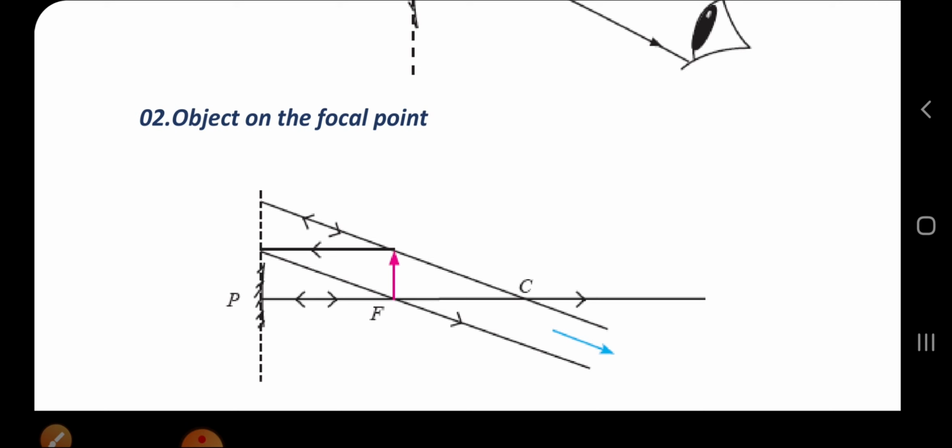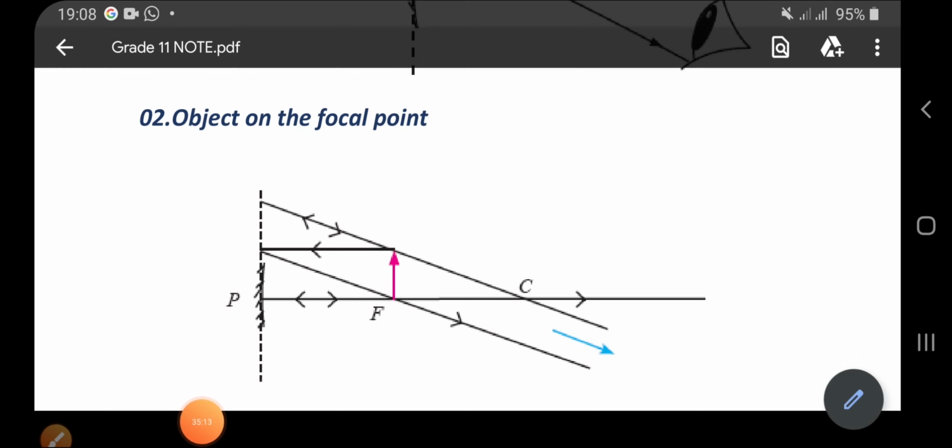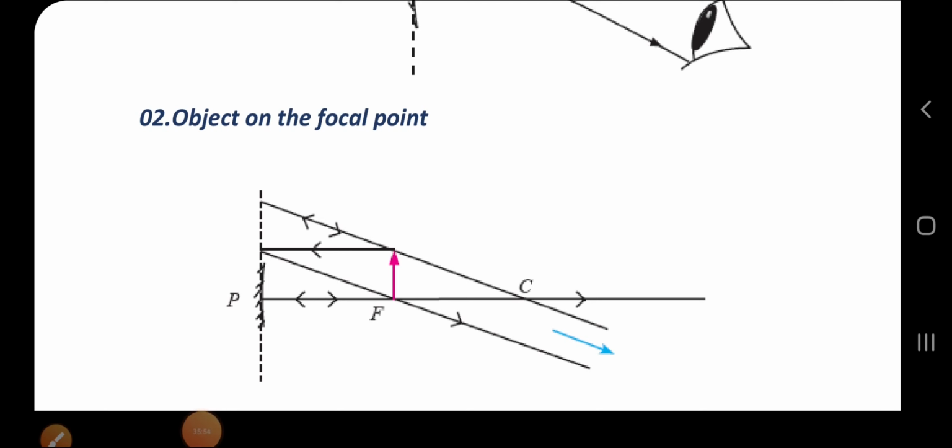As we drew before, according to the laws, the light rays will go parallel after being reflected. So we cannot tell the nature of this image specifically, but we assume that these parallel rays meet at infinity and it will form a very large image and it will be inverted.